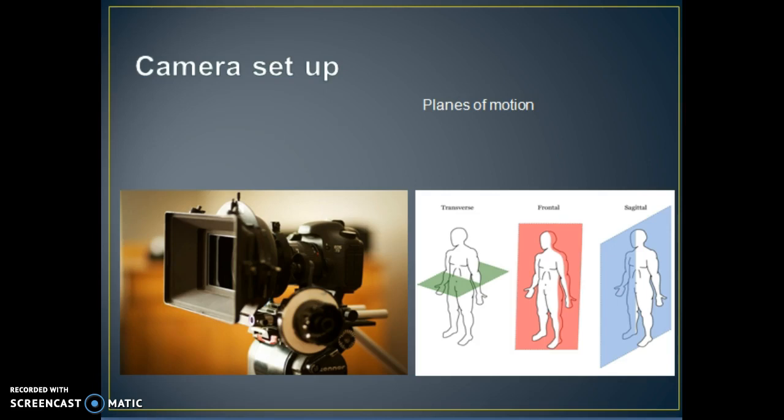There are three planes of motion. There are transverse, frontal, and sagittal.